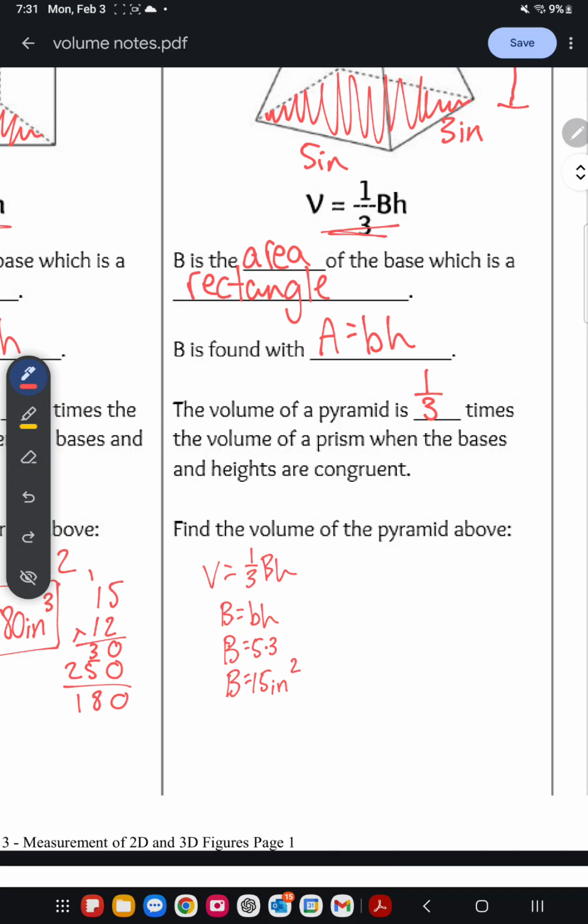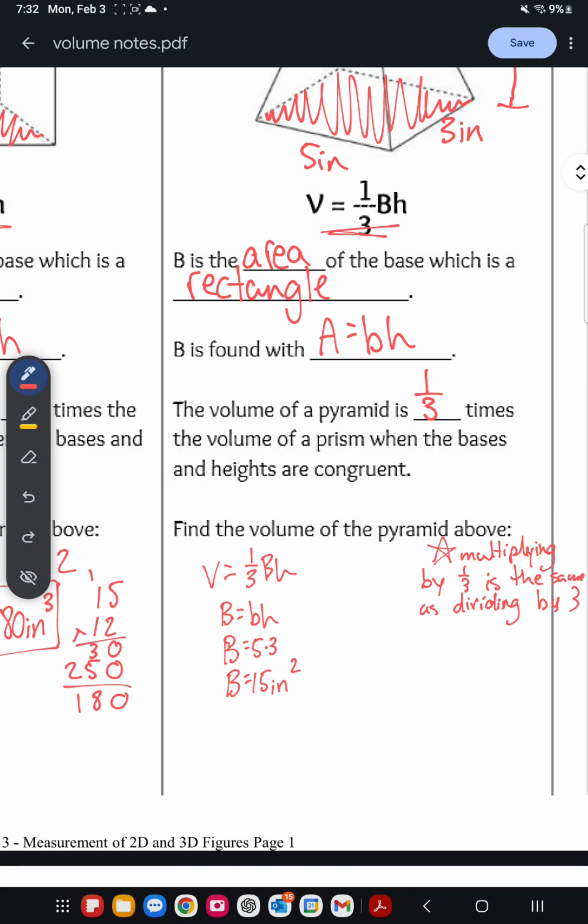Now all we need to do is plug it in to our formula. And one thing that we need to remember, multiplying by 1/3 is the same as dividing by 3. Important for us to know that.